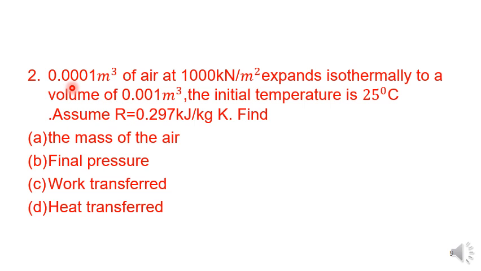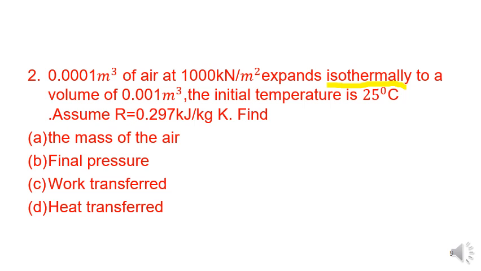0.001 meter cube of air at 1000 kilonewton per meter square expands isothermally. So what is the condition given here? It is an isothermal process. So isothermally means it is a constant temperature process, to a volume of 0.01 meter cube.